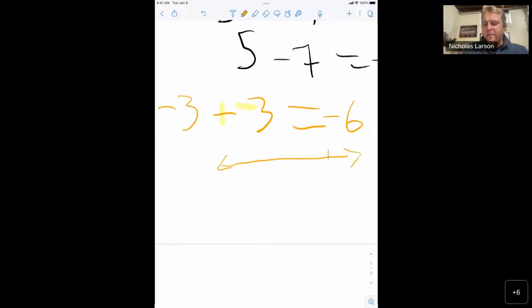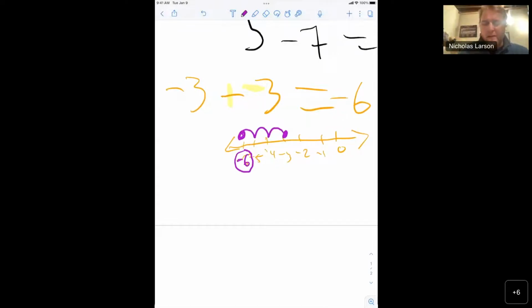And again, if we think about how a number line works, I'm starting at negative 3 and it's going to get 3 degrees colder, so I need to move further away from 0. I need to move further away from 0 to get an answer of negative 6. So when we subtract numbers, maybe we'll do one more quick example here.